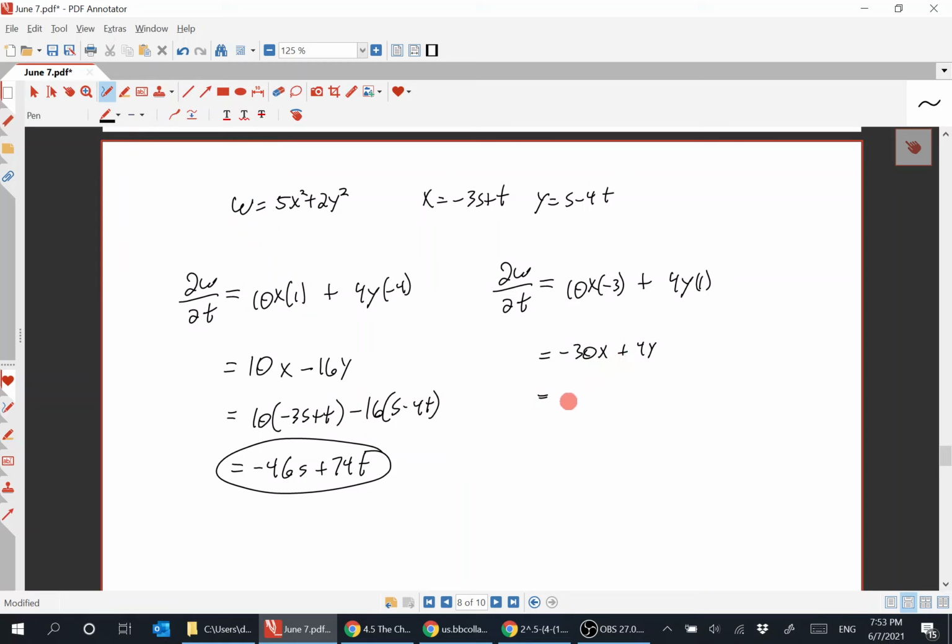So this one is minus 30 times minus 3s plus t, plus 4 times the y, which is s minus 4t. So this is equal to 90s minus 16s, 74s, and then minus 30t minus 16t, so minus 46t.